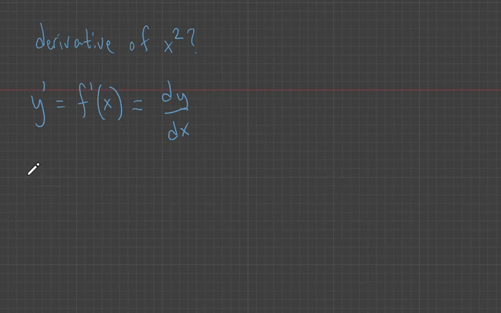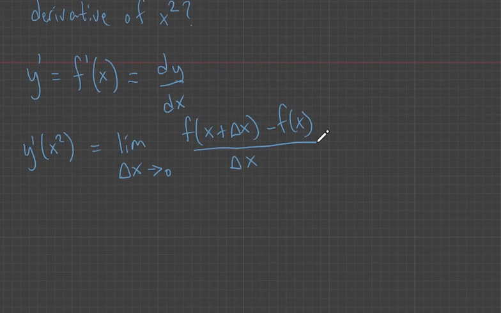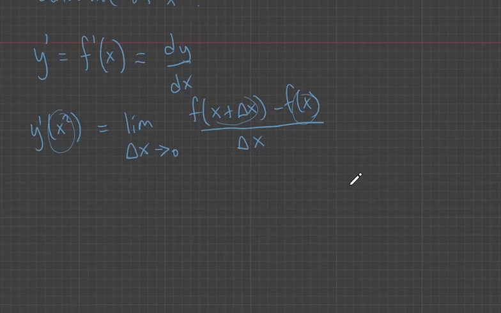So y prime of x squared is equal to the limit as delta x goes to 0 of, I'll write it again, f of x plus delta x minus f of x over delta x. So that's the setup. Now all we need to do is plug this in place, this and this into here, and see what we get.